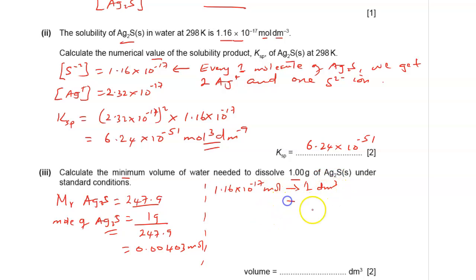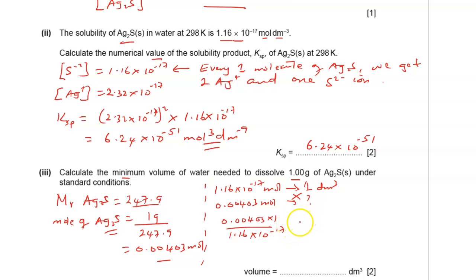and therefore this number of moles, 0.00403 moles, will dissolve in how many liters. You're supposed to calculate the minimum volume of water. So we cross multiply here and say 0.00403 times 1 divided by 1.16 times 10 raised to power minus 17.